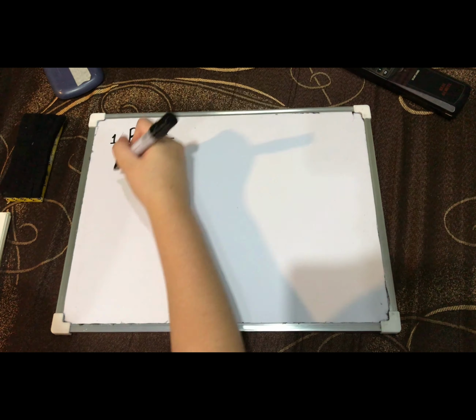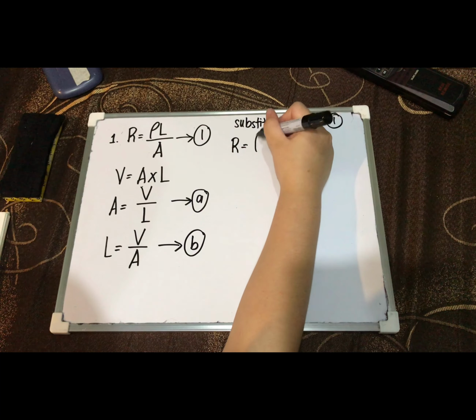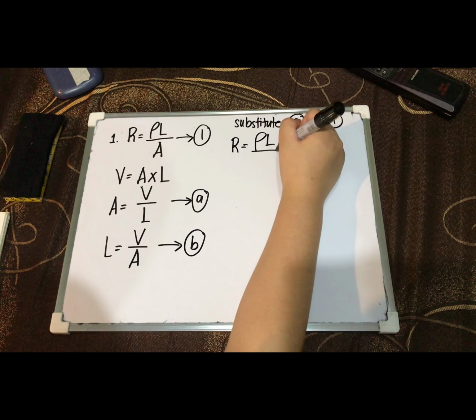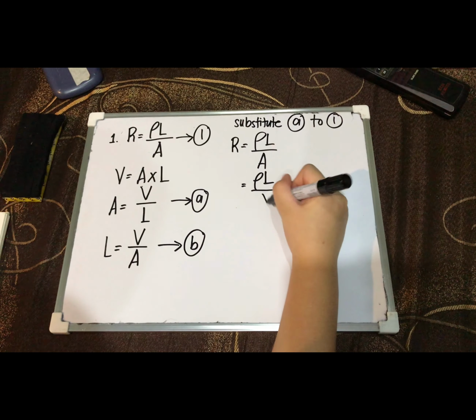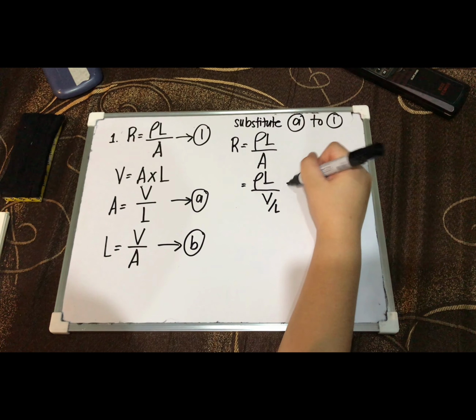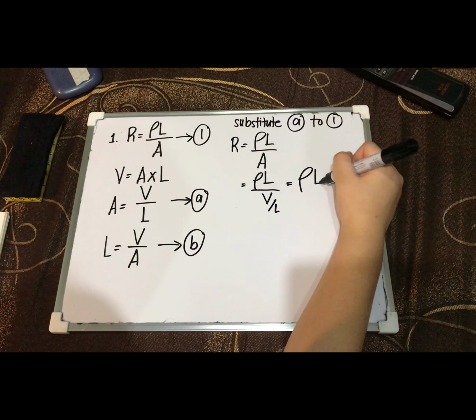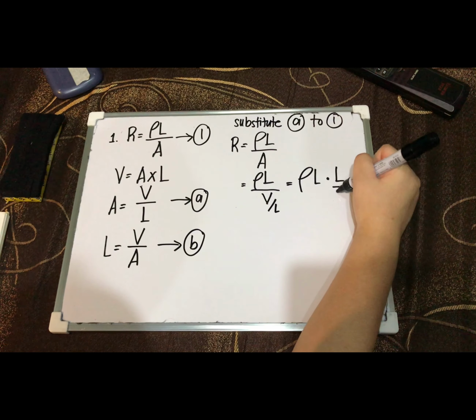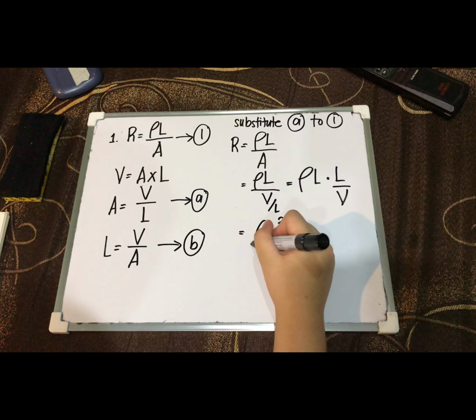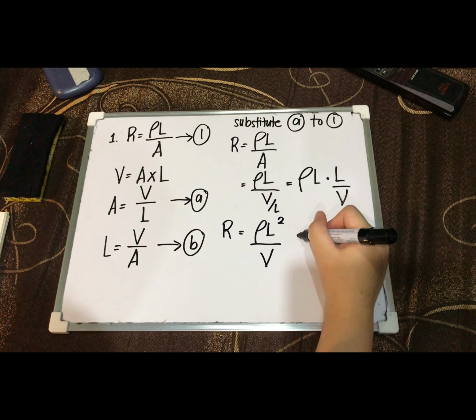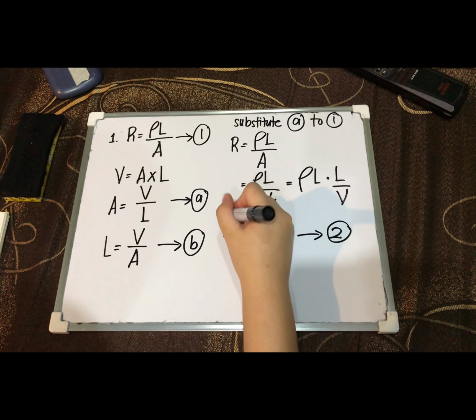So, substitute A to 1, we will have R is equal to specific resistance times length over A, and then specific resistance times length over V over L, or equals also sa specific resistance times length multiply sa length over V. So, kakaroon tayo ngayon ng specific resistance L squared over V. Ito yung ikalawang formula ng resistance natin.